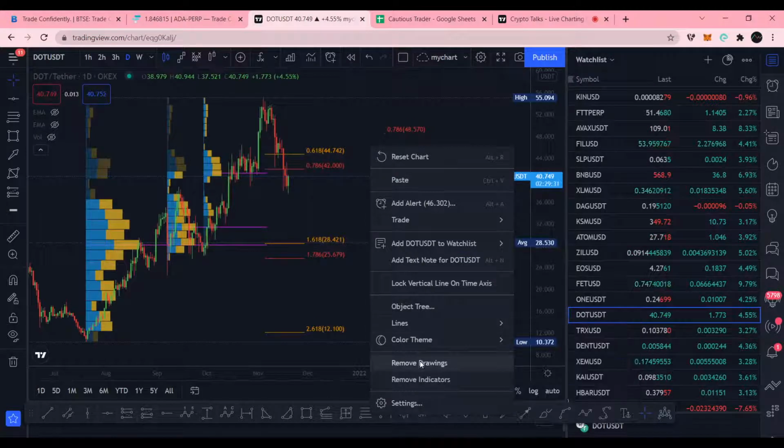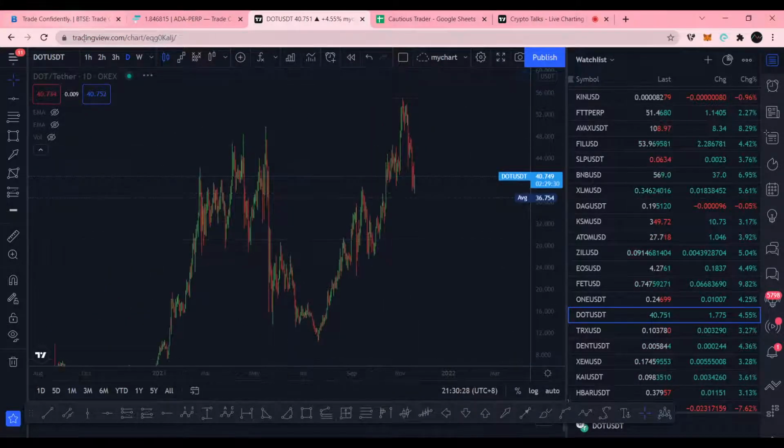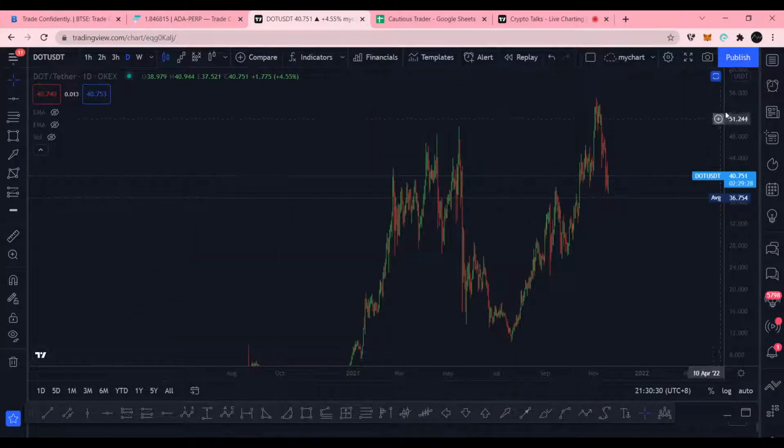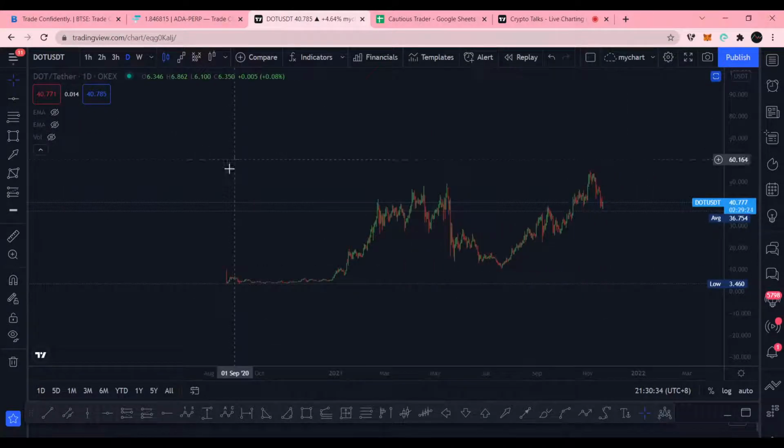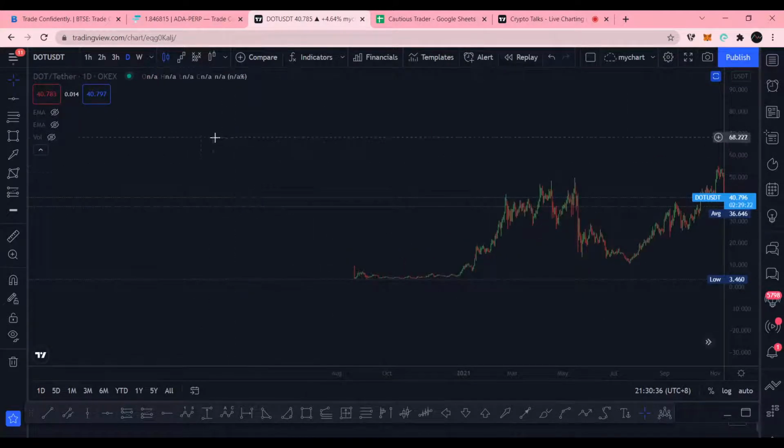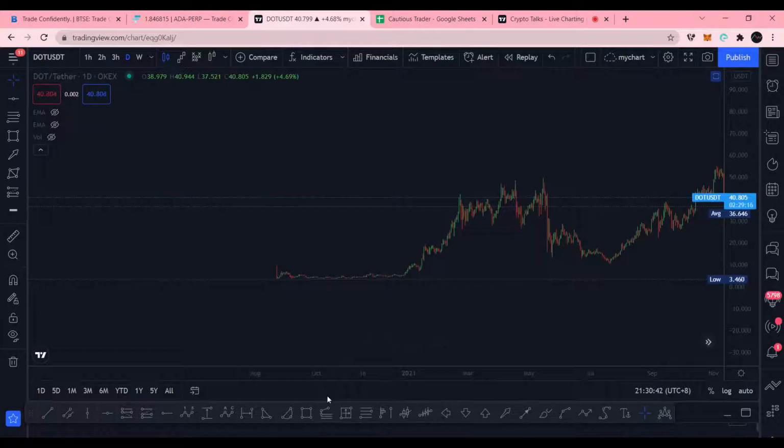So there's a lot, so we'll just remove everything, and I'll be using more of the daily time frame. This one, I bought right after that redenomination that happened in this area. I bought it first here, and then I staked it right after.